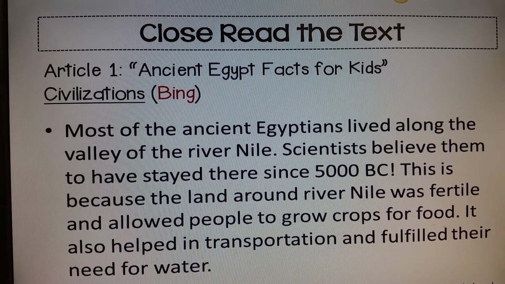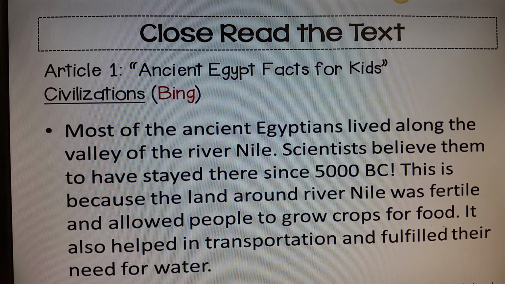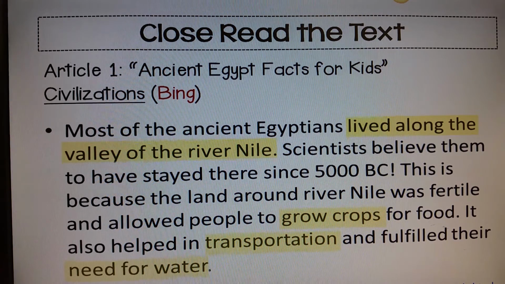Okay, so some of the things that I see that are important to note are that the people lived along the River Nile. And the reason they lived there was to grow crops so that they had a good way of transportation and they needed the water. So these are things that I would add to my diamond graphic.